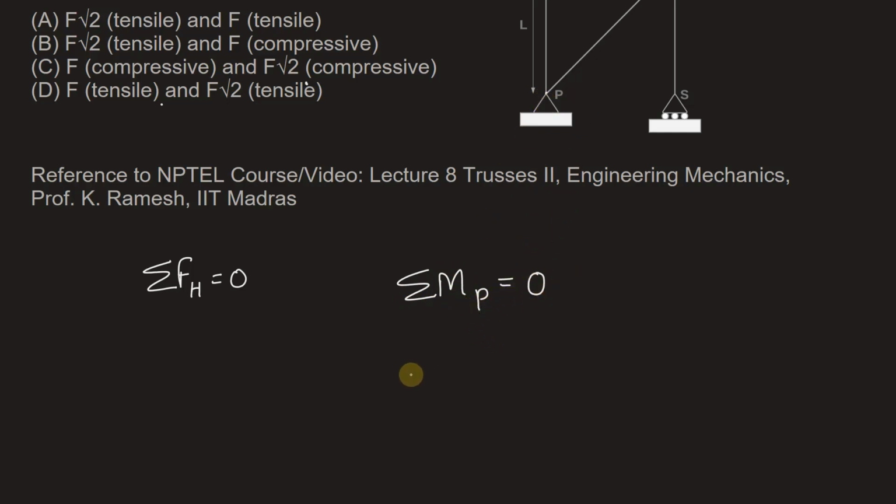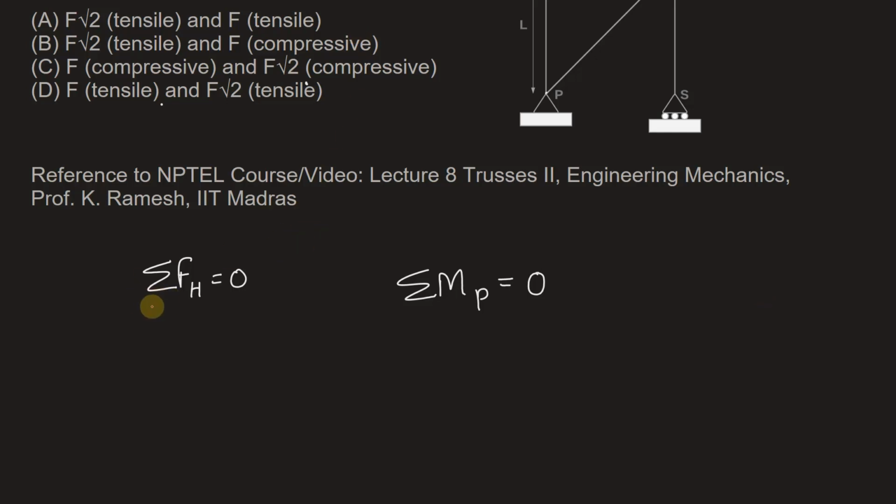Because the truss is in static equilibrium, these two equilibrium conditions are satisfied. In fact, summation of vertical forces is also 0, but we will not use this equation because there is no vertical external load on the truss.